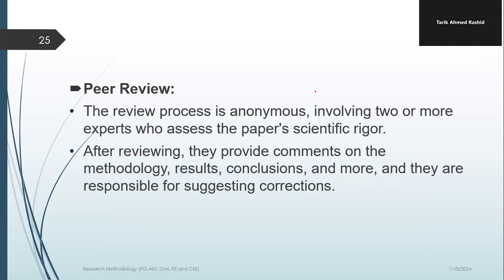In single blind peer review, the author does not know the reviewers, but the reviewers know the authors. There is also open peer review, where reviewers and authors can be known to each other. This all depends on the journal's policy.